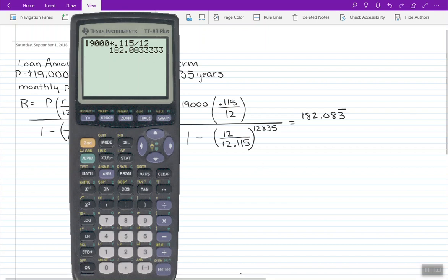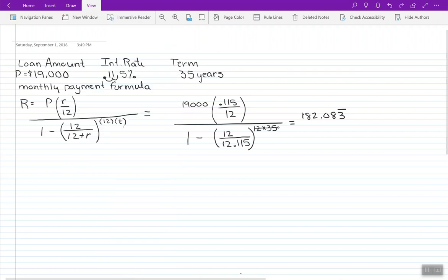there. Now for the denominator, I'm going to figure out what 12 times 35 is first. Okay, so that's 420. So instead of leaving that as 12 times 35, I'm going to think of that as 420. Then go ahead and compute the denominator.